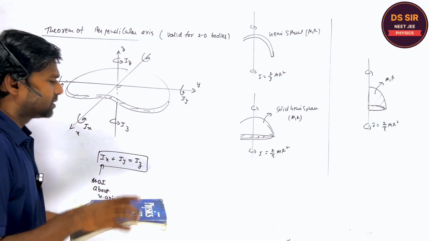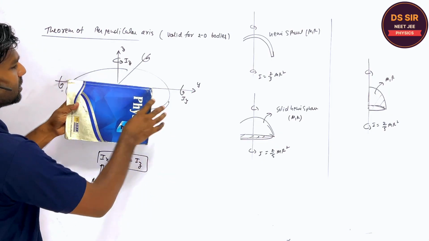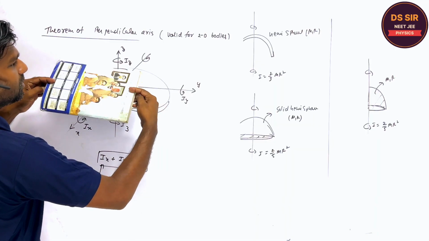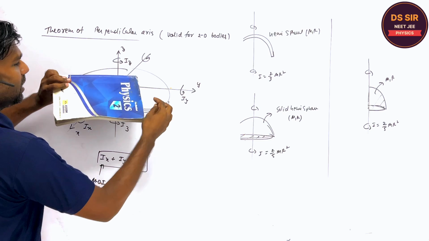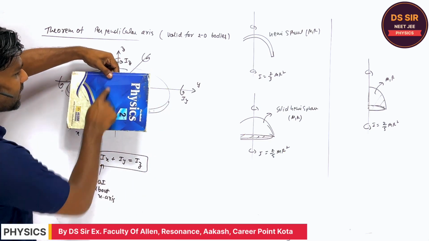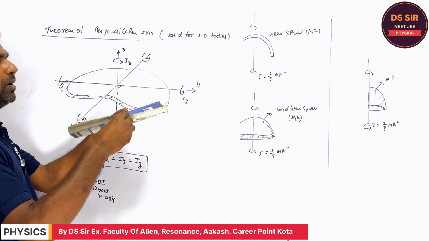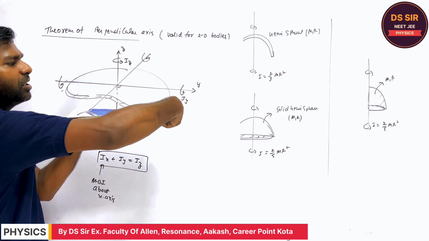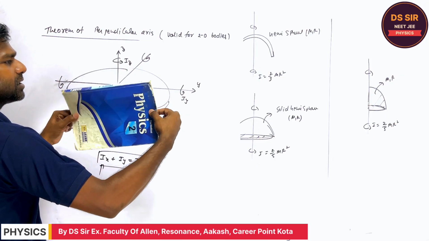I am explaining this. Suppose this is the planar body like this. If you assume this is the y-axis, this is the y-axis moment of inertia. If you choose this as the x-axis, the moment of inertia about this axis is Ix. If you choose this as the y-axis, the moment of inertia about the y-axis is like this.